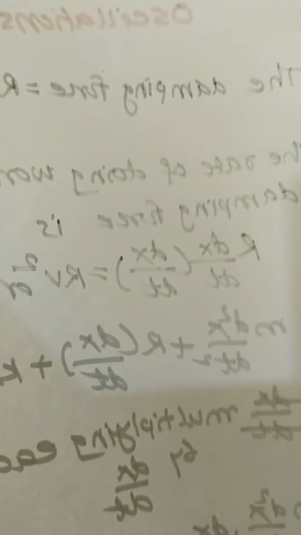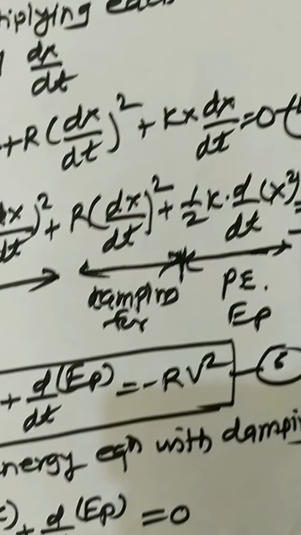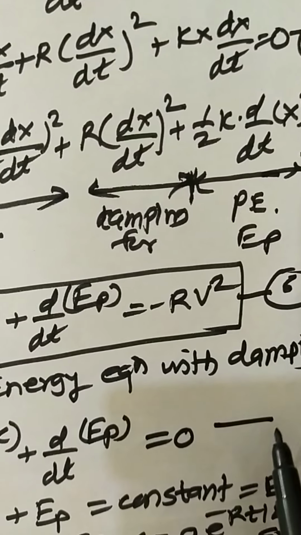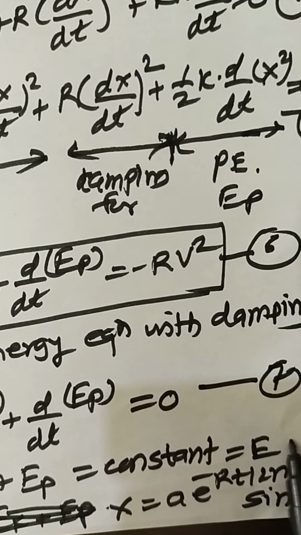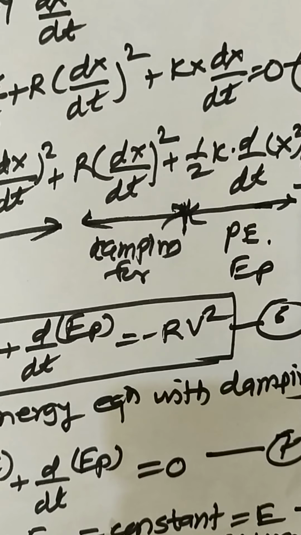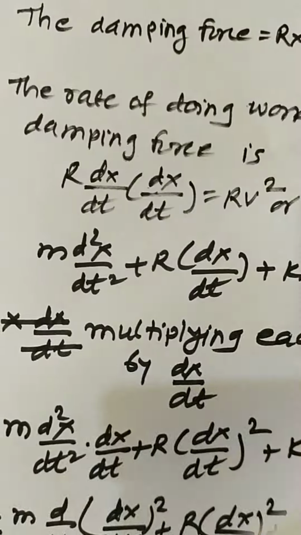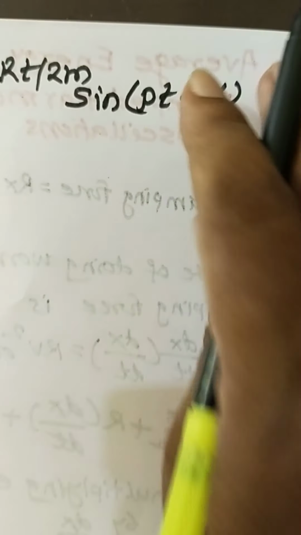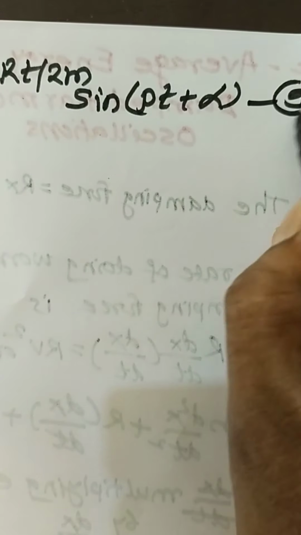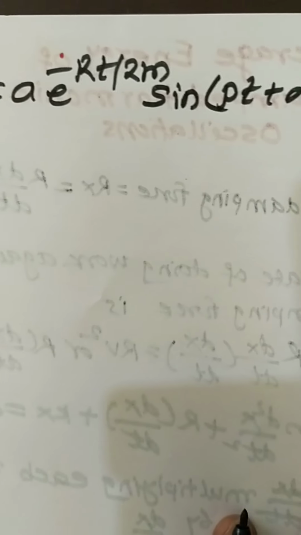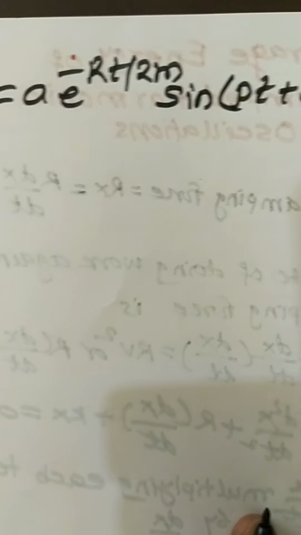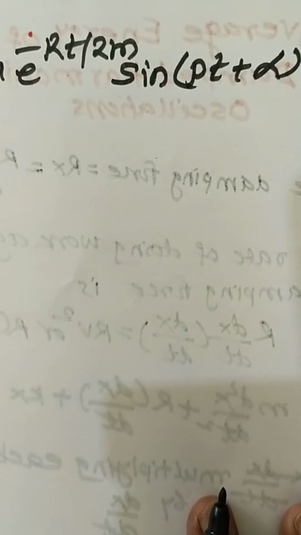Here this is equation 6, this is equation 7, and this is equation 8. Therefore this is equation 9: x is equal to A e raised to minus Rt upon 2m sine(pt plus alpha).